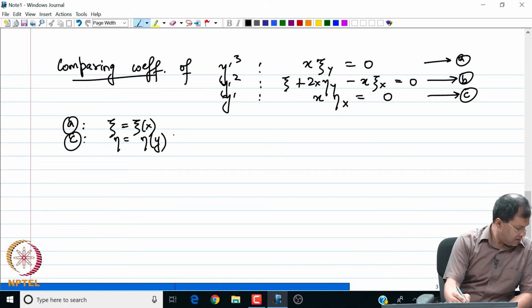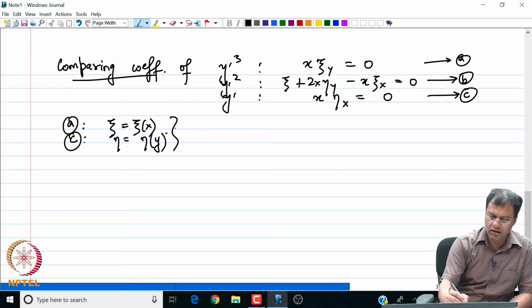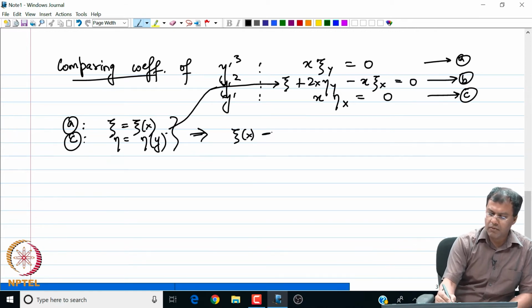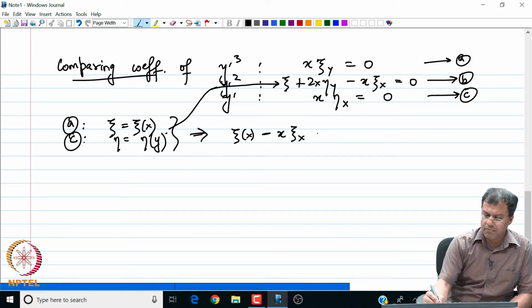Now we plug all this result into our expression for y prime square, and what we get is, let me club all the x terms together: x times xi of x, plus the derivative of xi divided by 2x, plus 2 times eta y is equal to 0.